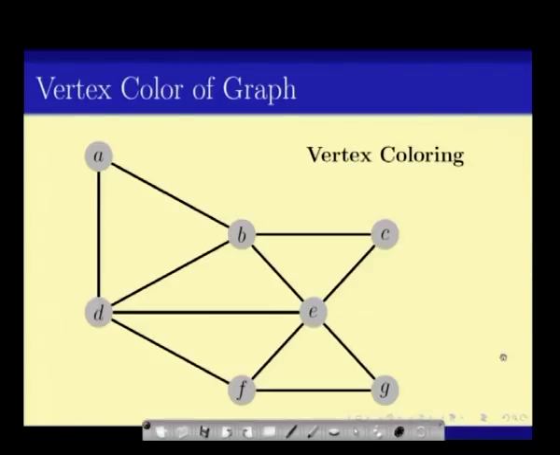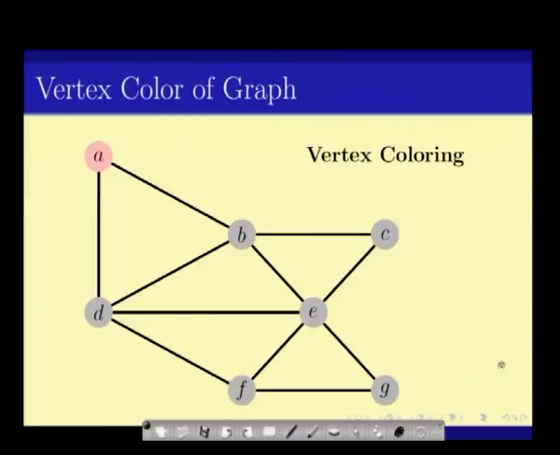You might be thinking that this question is something very artificial, and why would one even care about it? So, for example, here is an example of a vertex coloring, where we have a graph G and we want to color it using colors.